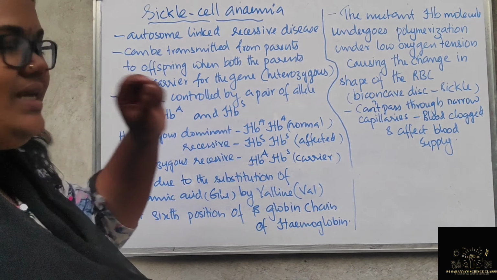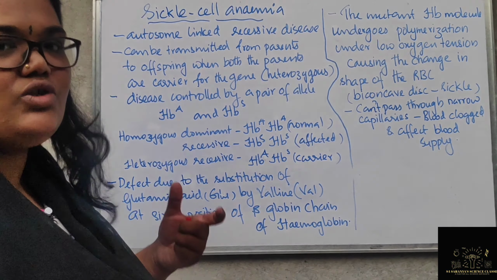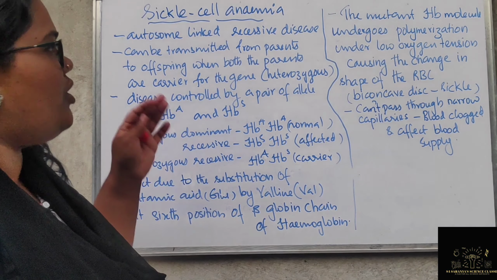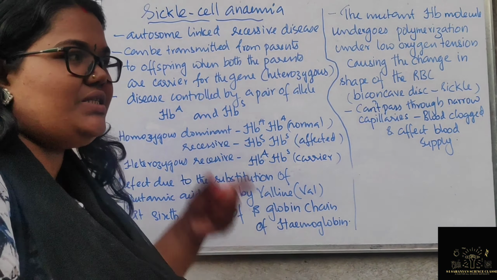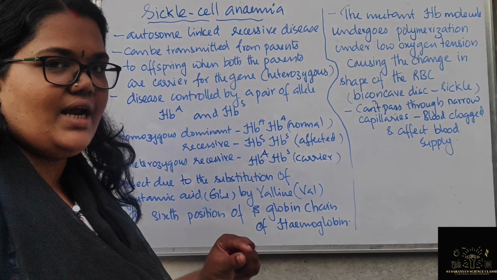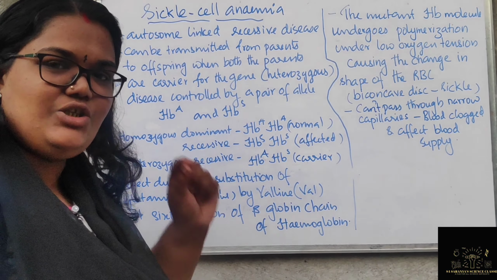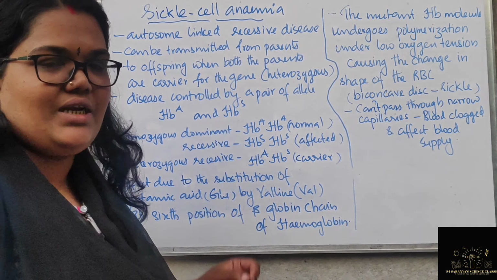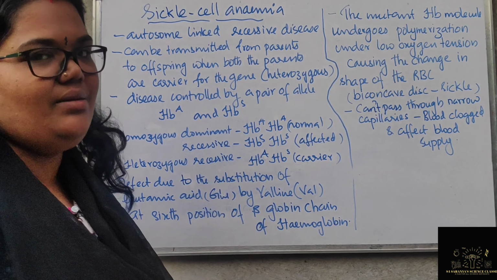So this sickle cell anemic gene is related to those autosomes. So that's why it is called an autosomal disease, and it is autosomal recessive. That means when both the autosomes have this sickle cell anemic gene, then only the offspring or the person will become sickle cell anemic, right?